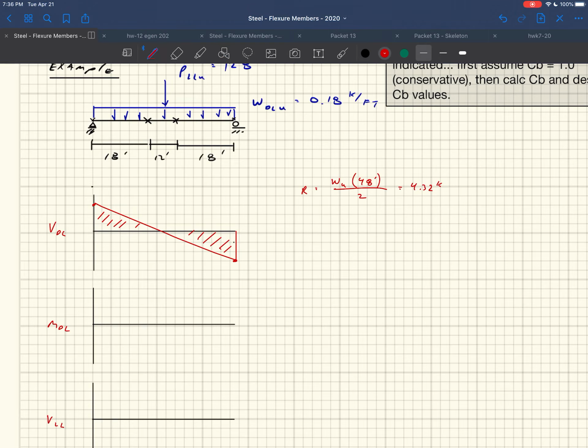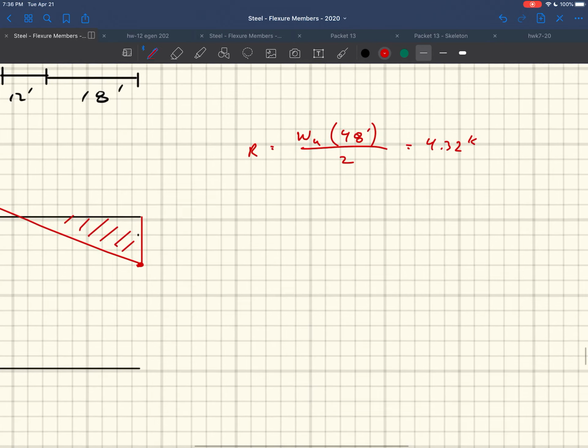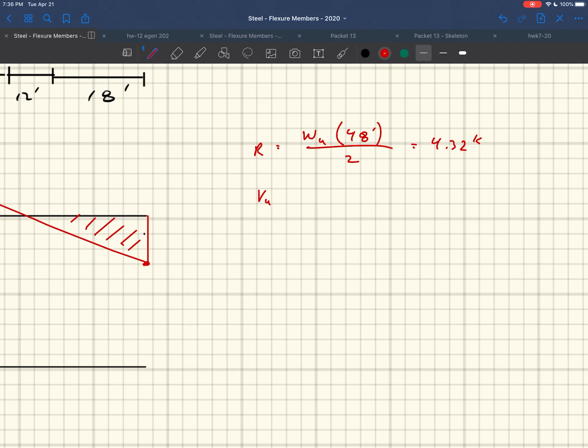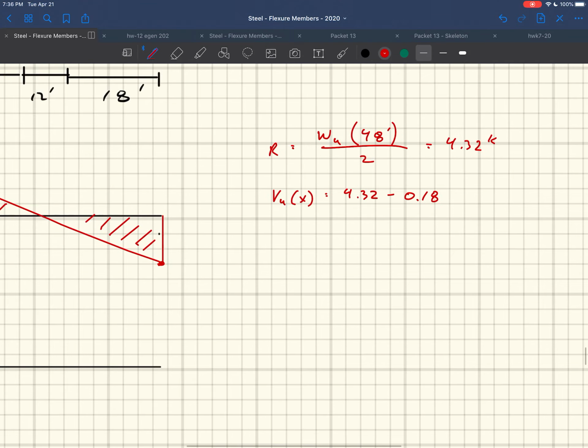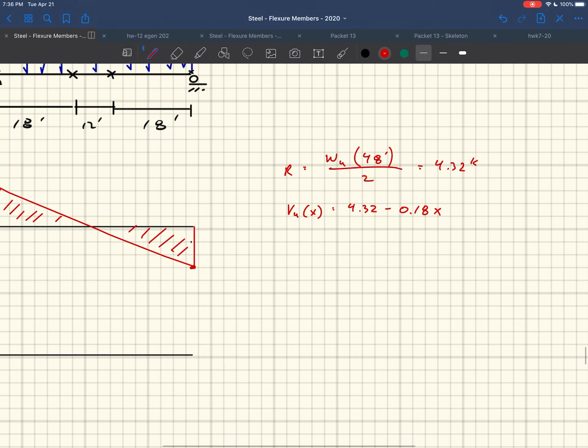But then like I said before, we need to know what the equation is for this. So Vu as a function of x is going to start out at 4.32 kips. And then its slope is going to be the negative of the load that's applied, so it's going to be negative 0.18 times x. You can look back at your mechanics of materials to see where that came from, but that is how it's defined.